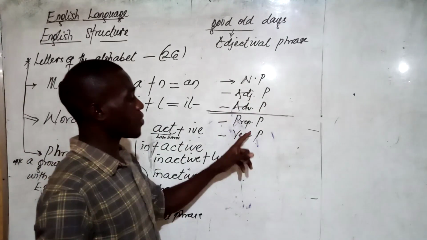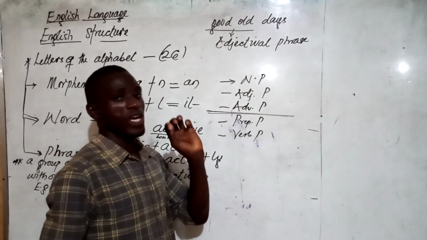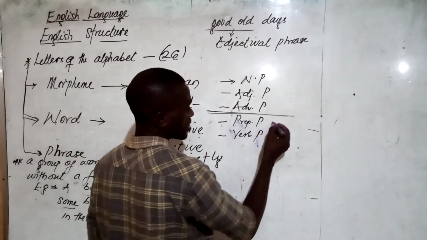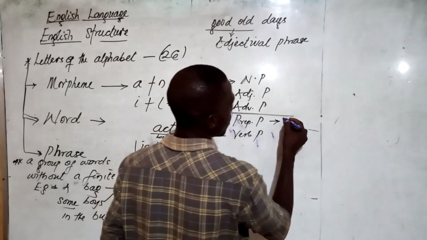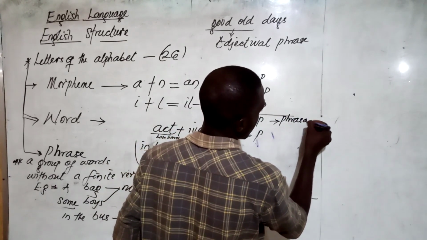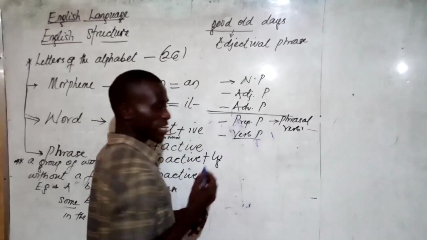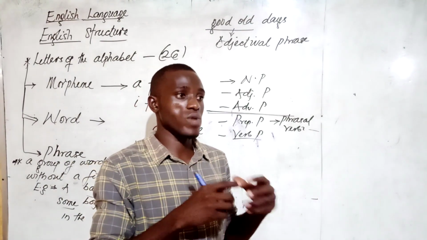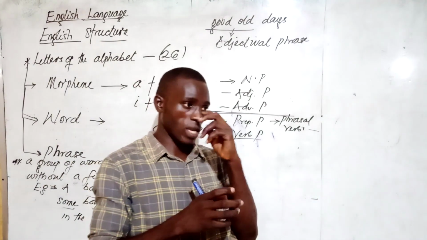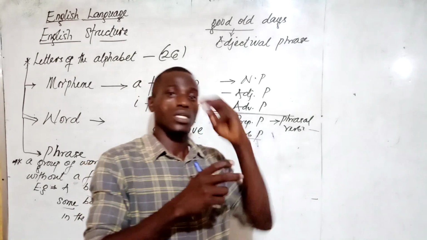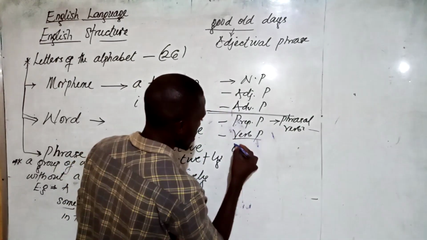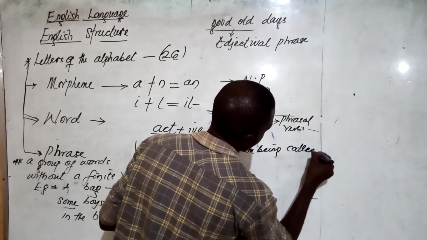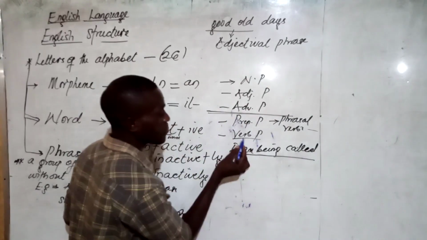And look at prepositional phrases and verb phrases. They are now separated, as we have what we call phrasal verbs, and verb phrases are basically a cluster of verbs. So, for example, when we are dealing with the tenses, we could have something like I am being called. All of this together is going to be a verb phrase.